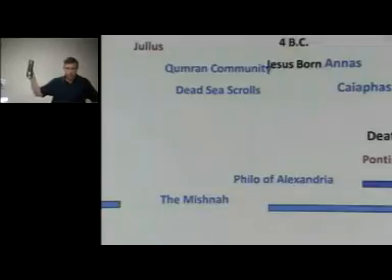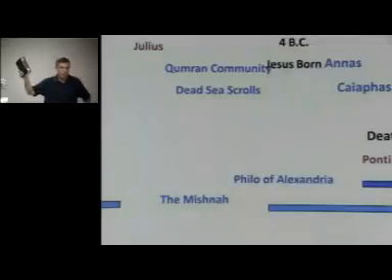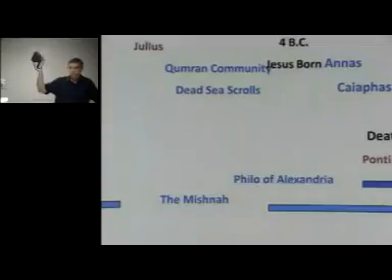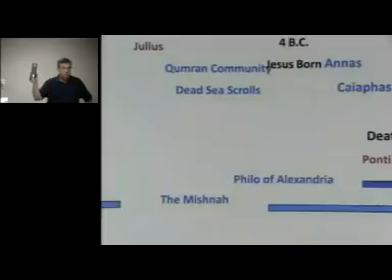Gamaliel's sayings are in this book, the teacher of Saul of Tarsus. Rabbi Shammai, Rabbi Hillel, and other people living at the prominent time of Jesus have their teachings in this book. So if you want to know what the Pharisees actually said themselves, without other people telling you, the Mishnah is the book. This is translated from the Hebrew by Herbert Danby.